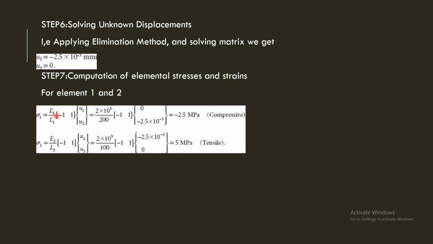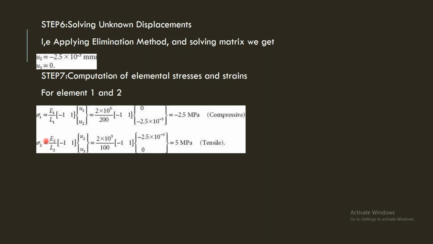So I know all the values, just substitute that. 2 into 10 raised to 5 divided by 200, minus 1, 1. So I got the values of U1 as well as U2. U1 is 0, that is because it is fixed, and U2 from the calculation is minus 2.5 into 10 raised to minus 3. If you do the substitution, I am going to get minus 2.5 Newton per mm square, that is megapascal.